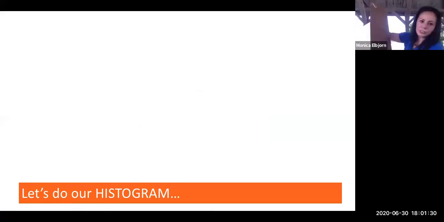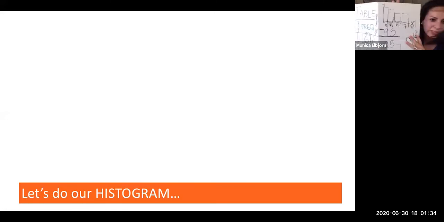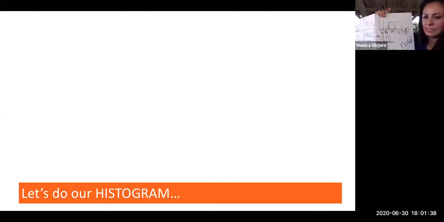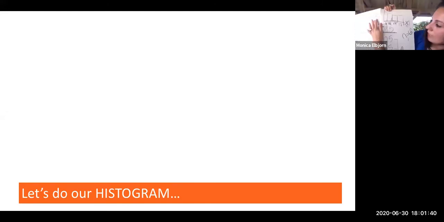So we also said that we were going to build it like this: 9, 11, 14, 17. That way we don't have to put the ranges, like 12 to 12.5, and then have a gap. So that way we'll include all of these. I just like to put the middle point.